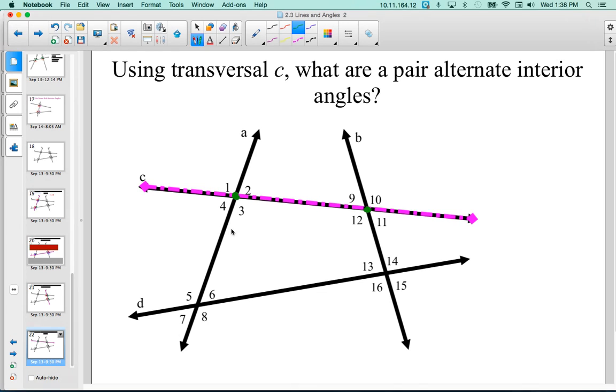So interior would be in here: 2, 3, 9, and 12. 2 is an alternate interior pair with 12. And then the other alternate interior pair would be 9. Again, remember, you have to go to the other side of the transversal, non-adjacent, at the other intersection. 9 and 3 would be our other alternate interior angle pair.